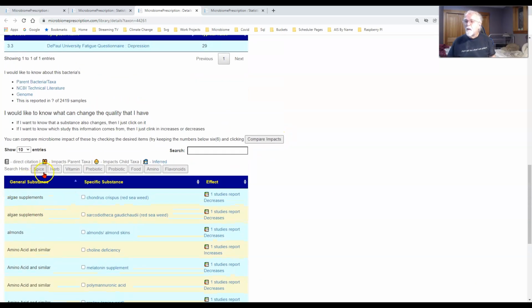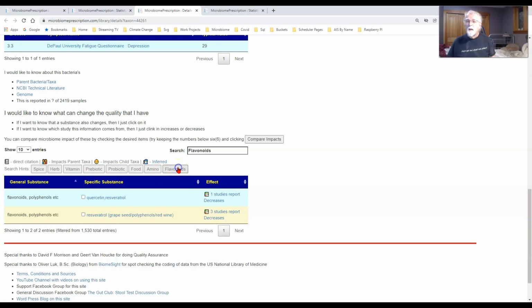And we have things that include things like a herb, so it would filter out to herbs, vitamins, prebiotics, probiotics, amino acids, and flavonoids, and it will say over here how many studies reported it. The more studies, the more confident we are.